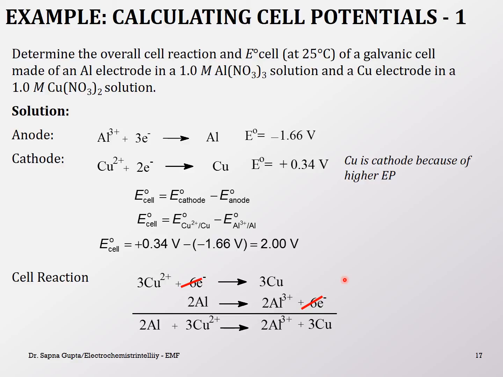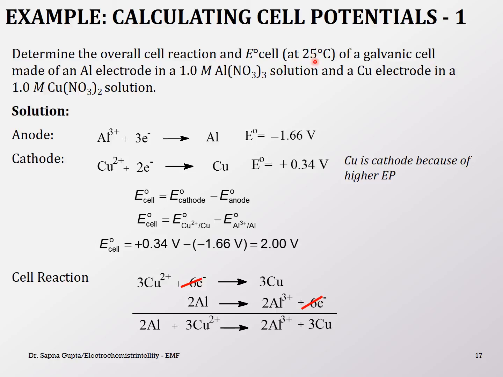Calculating the cell potentials. This is another problem that is very common as far as electrochemical cells are concerned, because once you have an electrolytic cell, or excuse me, a galvanic cell, you should be able to calculate its electrode potential, what we call its E cell. Here's a problem: determine the overall cell reaction and the E cell.